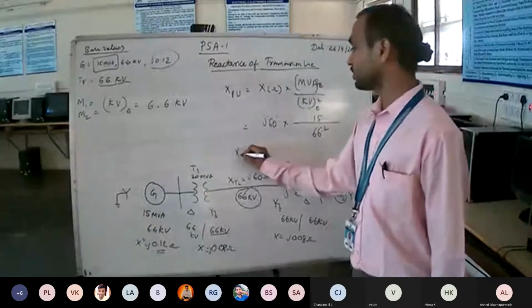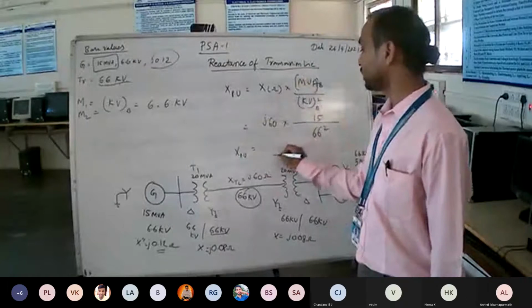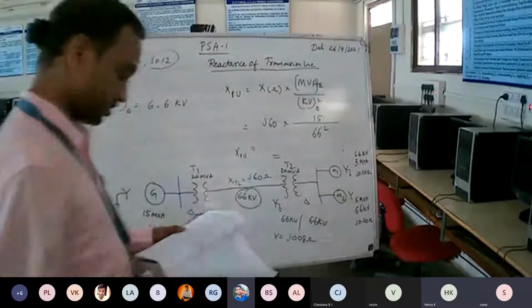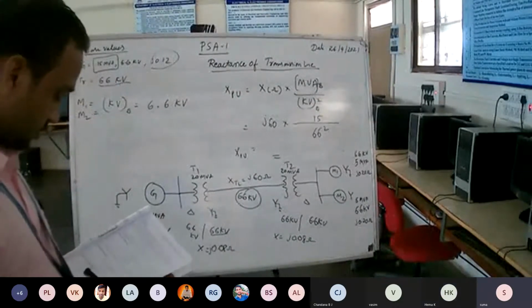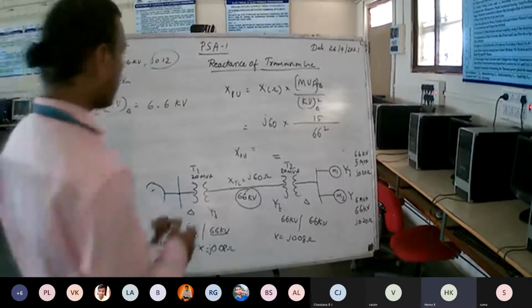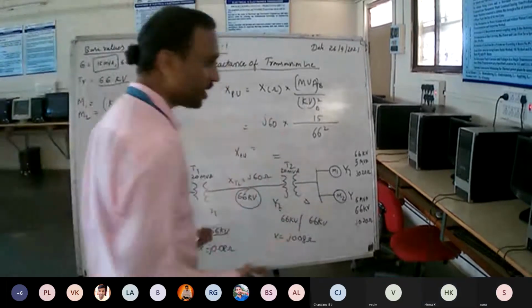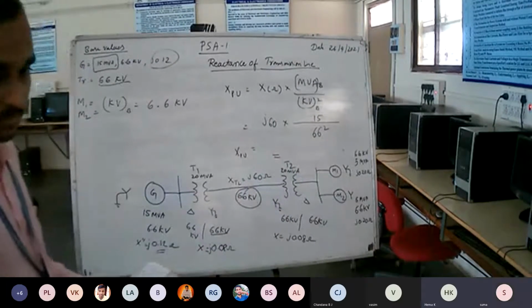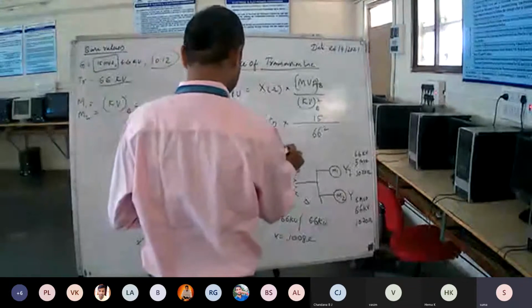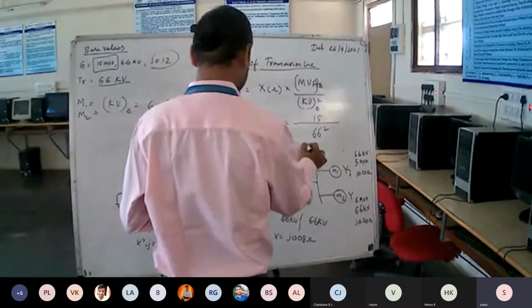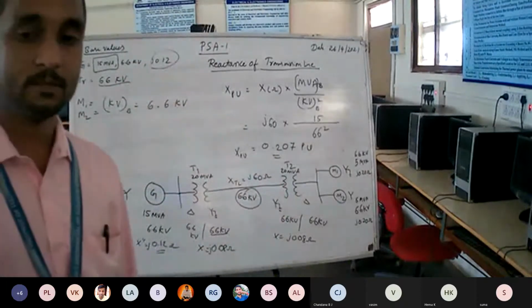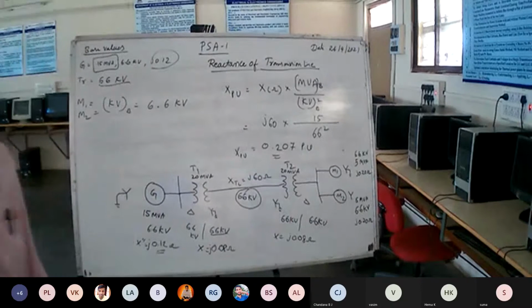So calculate X per unit for the transmission line. j0.206 or 0.207? More than 0.5, I take 0.207 per unit.